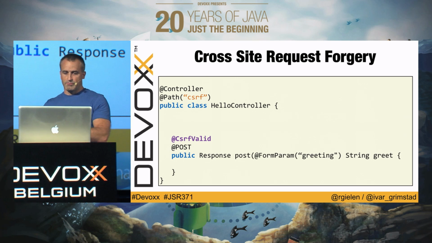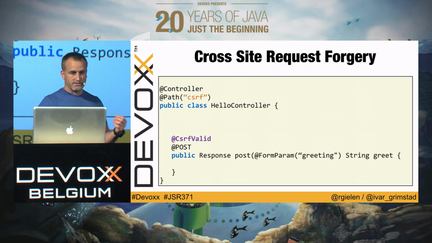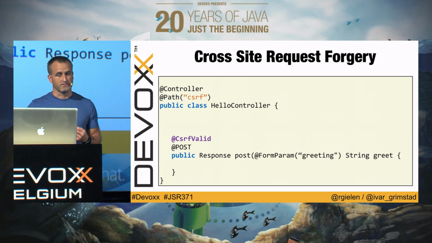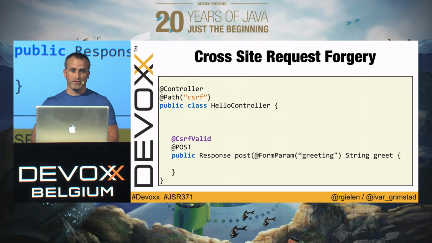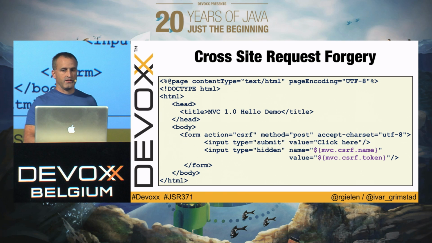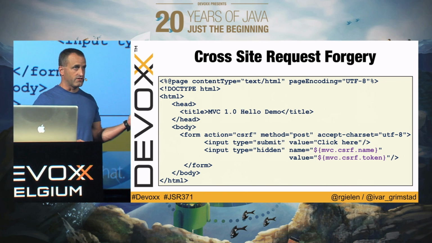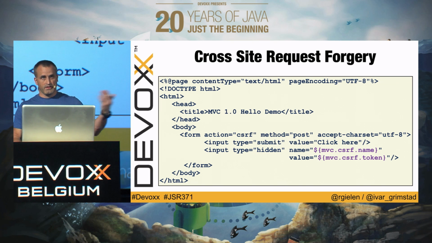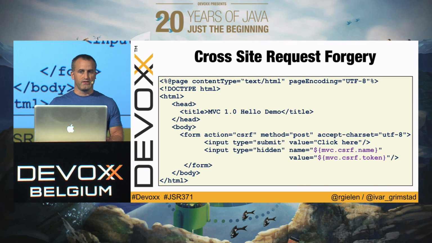If it's explicit, then you need to put a CsrfValid annotation on the methods that you want to have protection. And the way you do it is that in the form that you're posting, you can access the CSRF object from the MVC context and set a name and a token in a hidden field, and the framework will evaluate it automatically.